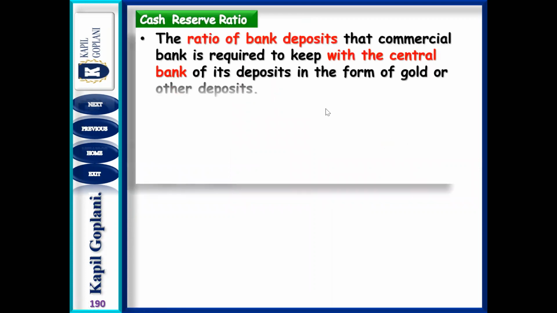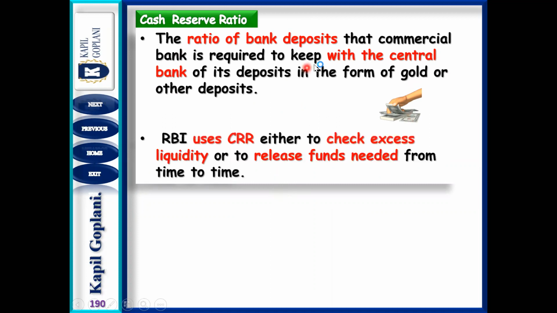Now moving on to the next, which is cash reserve ratio. Now what is cash reserve ratio, students? The ratio of bank deposits that the commercial bank is required to keep with the central bank, in the form of gold or other deposits.